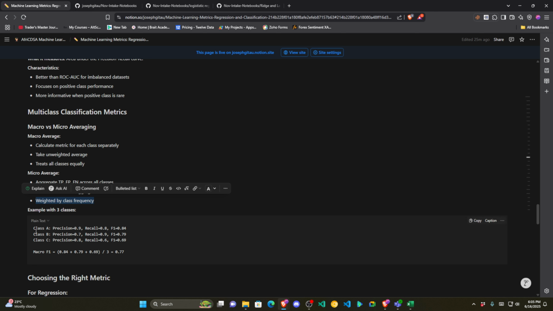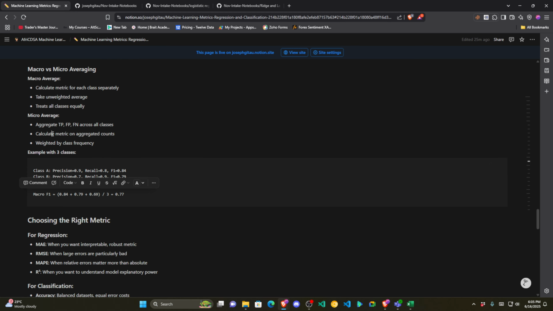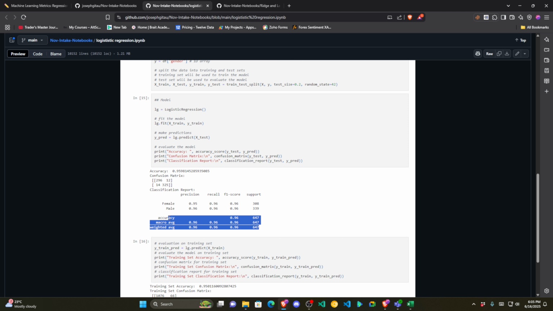So this is what you will get. Macro F1, and that's basically what you are seeing over here. The classification report will always give you the macro average, and what you have at the top over here are just the actual values, and lastly you've got the weighted average for all of them. So that's what you have for this last part over here.